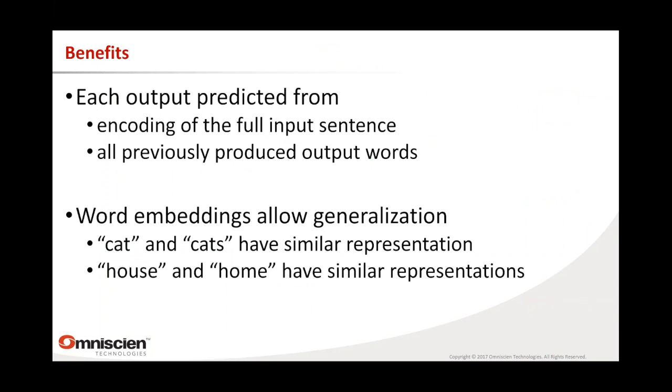The benefit of neural machine translation is that each output word is predicted from the encoding of the full input sentence and all previously produced output words. In contrast, in statistical machine translation, we had much stronger independence assumptions. We had translation rules that looked at single words or short phrases during mapping, and you had a language model that looked at the previous words in the output.